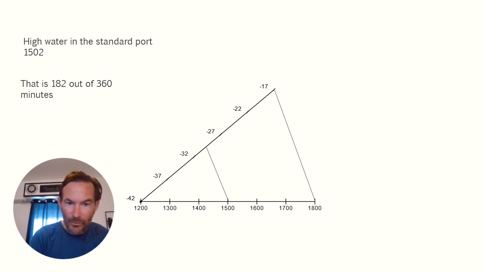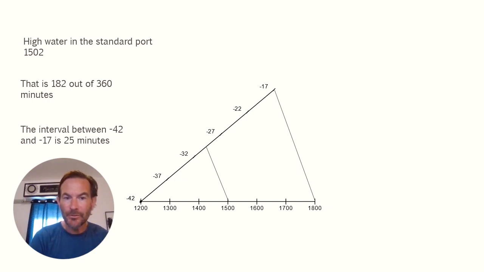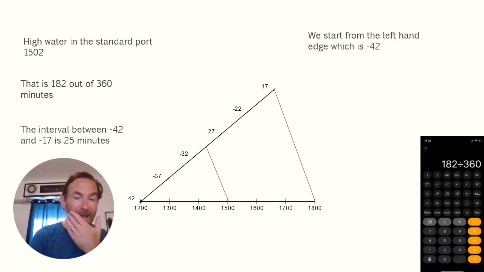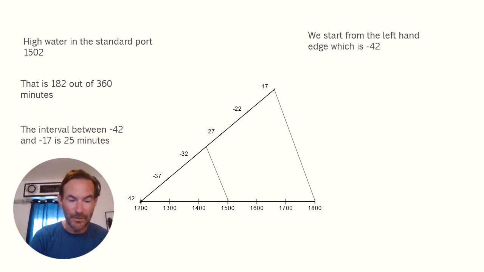Top line then, we've got minus 42 to minus 17, and that is an interval of 25 minutes. So we were 182 360ths of the way through that 25-minute interval, and that interval starts down there at minus 42. So we're going to add that to minus 42.